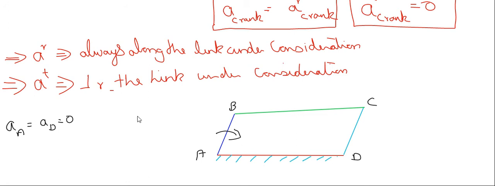A and D will represent a point in the velocity diagram because they do not move, so they have no velocity. If there is no velocity, there will be no acceleration. We normally use a standard way, that is small letter a, equal to a_d, equal to 0. So again, this will represent a point in the acceleration diagram. Points A and D will be represented by a point because they do not have any acceleration.